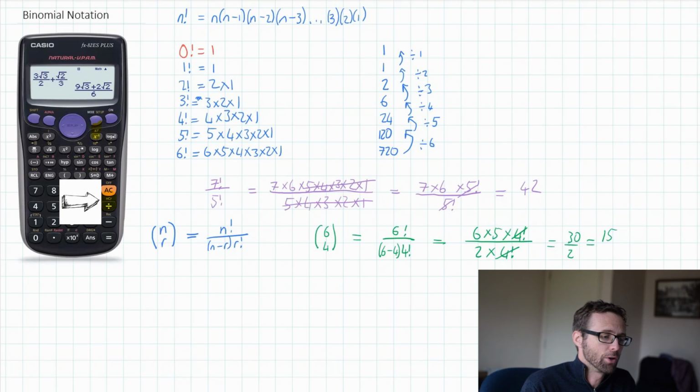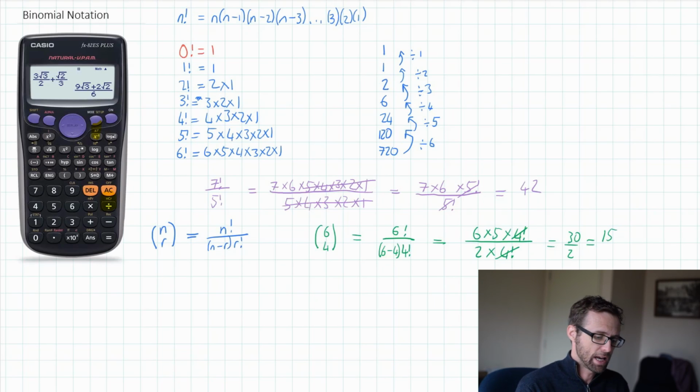If you go 6, then shift nCr, 4, you'll get the answer of 15. So you can use that button there. Alright.